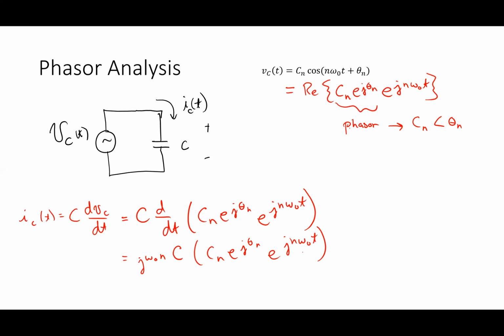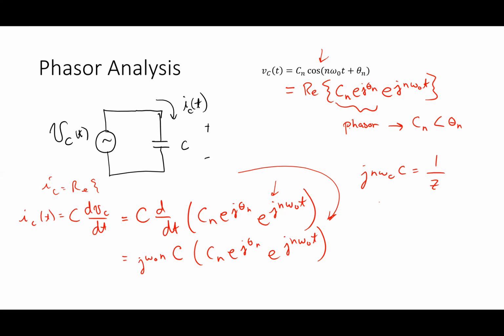Now, what we do is we say, okay, well, in steady state, we know that if I have a sine wave in, I'm going to get a sine wave out. So essentially the current is going to also be the real part of this result. And so we get kind of an interesting result that we end up utilizing. So in phasor analysis, I end up referring to j n omega naught C as essentially 1 over the impedance.